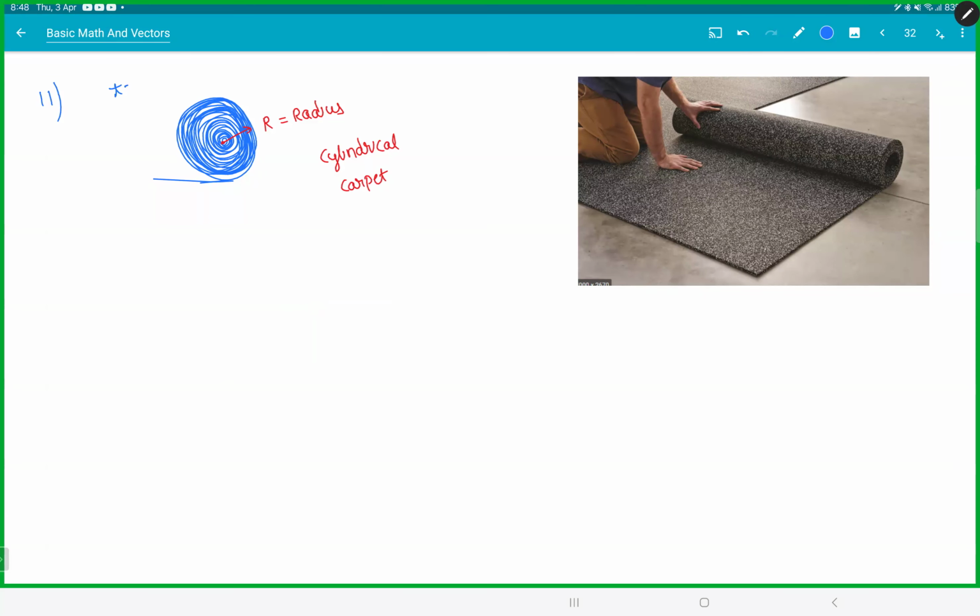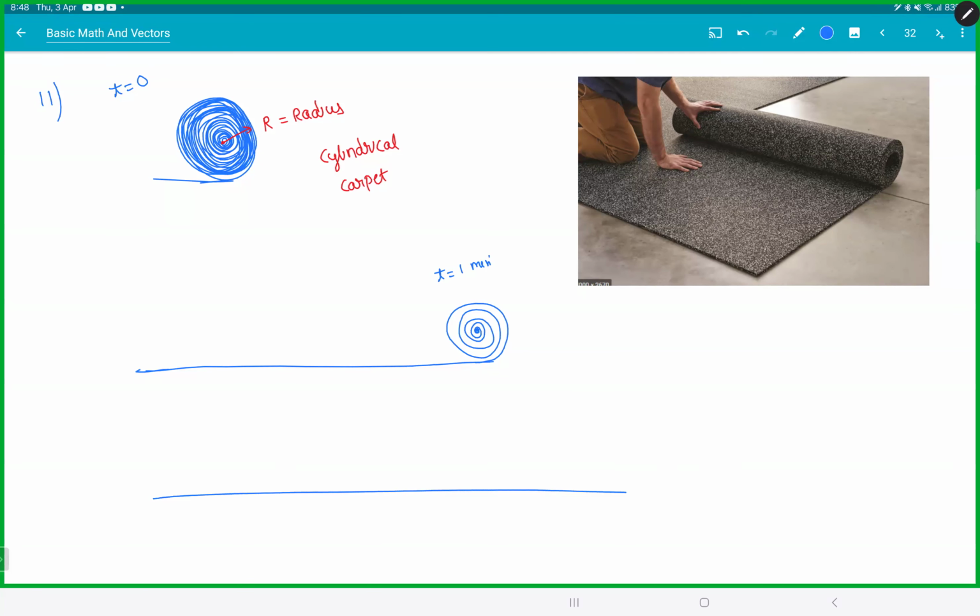So this is the time at t equal to 0. As this carpet starts rolling down, at t equal to 1 minute, the carpet looks like this. At t equal to 2 minutes, the whole carpet spreads out. You're getting it? So someone started rolling the carpet with a uniform speed. At this point, the radius is x.